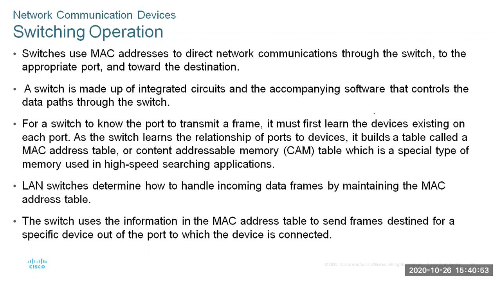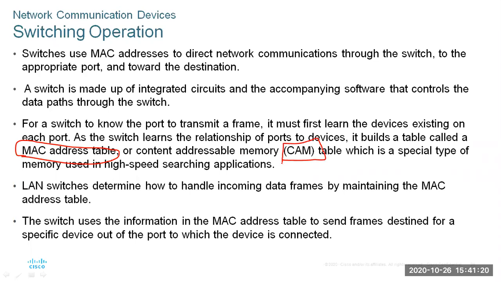As the switch learns the relationship of the ports to devices, it builds a table called the MAC address table. The MAC address table maps the port of the switch to the MAC addresses. Sometimes it is called the content addressable memory table.